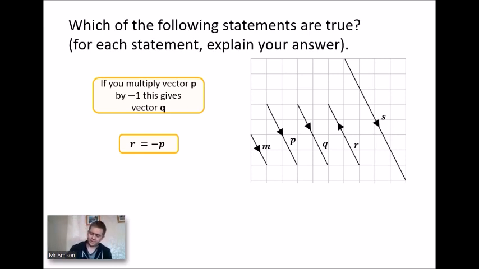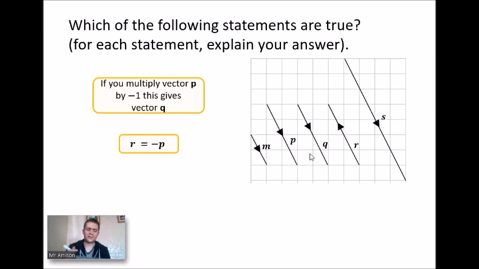If we multiply that vector by minus 1, then what we end up with is the vector (-2, 4). And if we look at these diagrams, the vector p and q, obviously then that doesn't work, but the vector r, if we follow that vector (-2, 4), goes 2 to the left, then 4 up, which is exactly right.